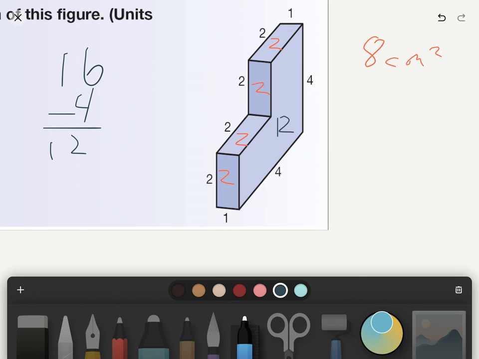So for these, it's 12 plus 12 is 24. And then the last thing we've got, I believe, unless I'm missing something totally obvious, is the bottom. And that would just be 1 times 4.